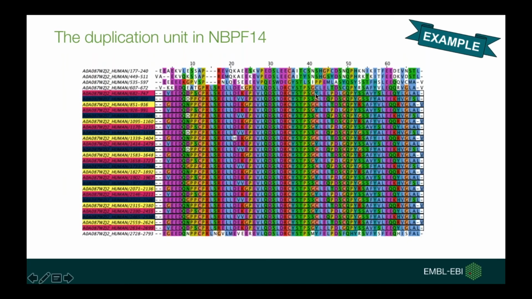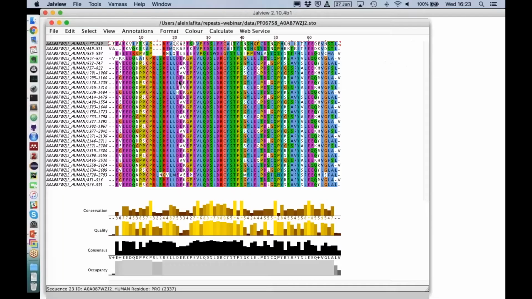So this was our alignment, which we opened in JalView. In order to further see the duplication patterns, we can calculate a tree.